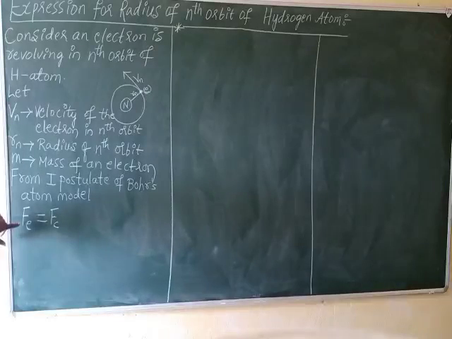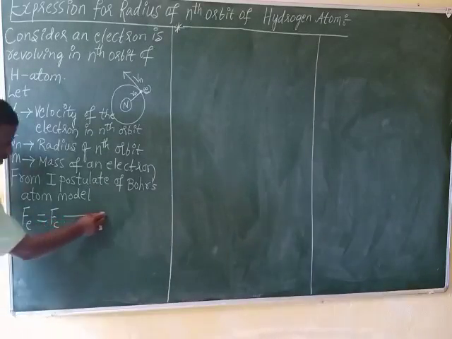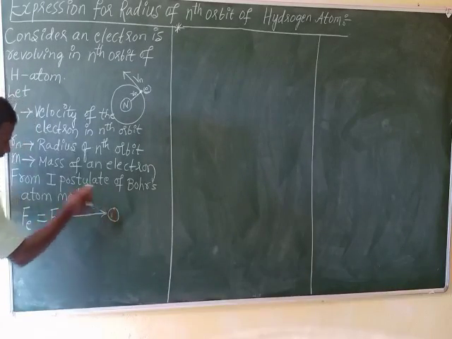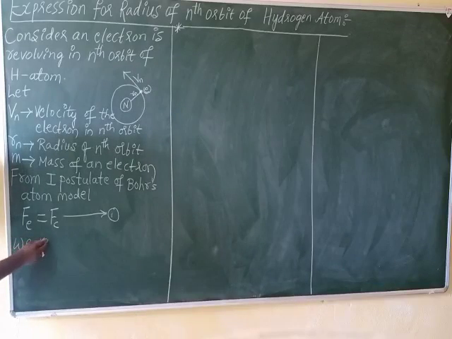Here Fe is the electrostatic force of attraction between electron and nucleus, and Fc is the centripetal force. This is equation number 1.